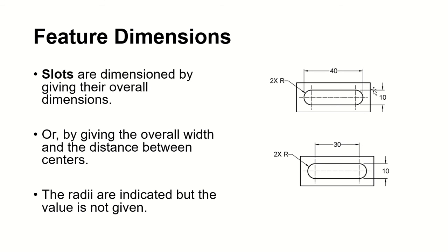And from here to here is 10. Space is limited, so we put our arrows out. Again, fully rounded, so the radii is a given, but you don't have to put the value with it.